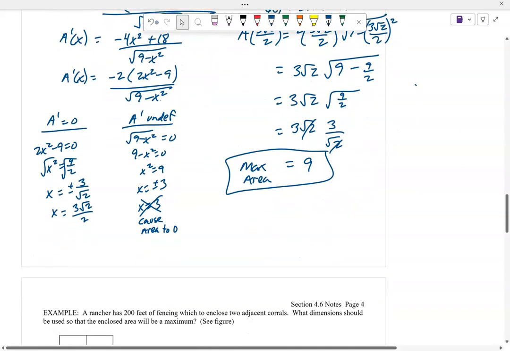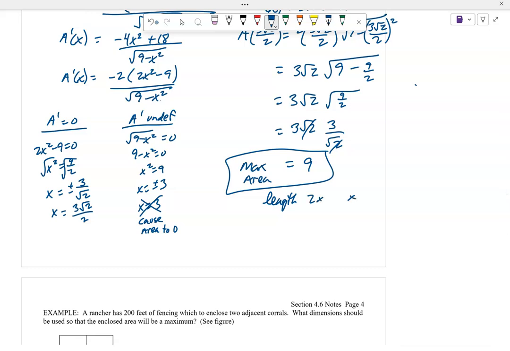And the dimensions, the length was 2x by the height of y, right? So the dimensions would be 2 times that, 3 root 2 over 2. The height is y. The y was square root of 9 minus x squared, right?